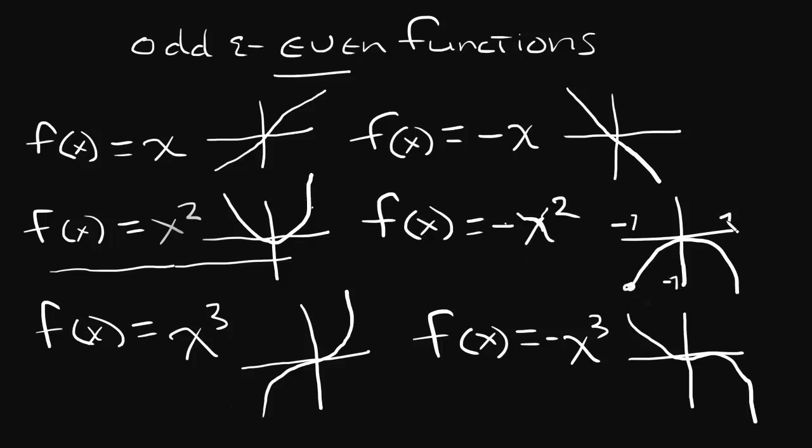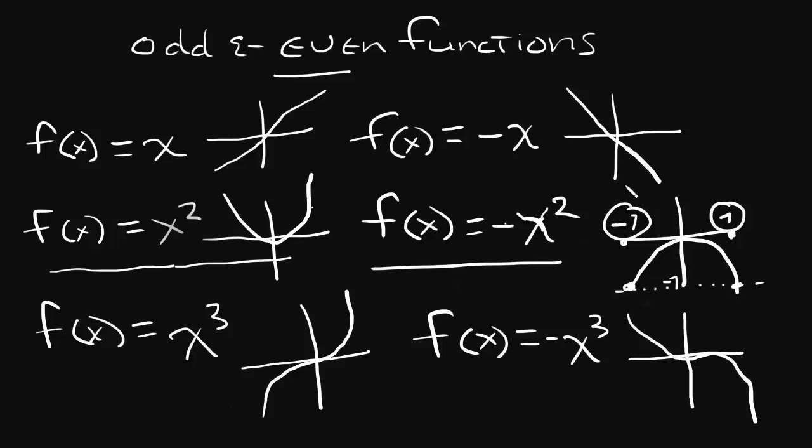And if we put in a positive 1 right over here, it would be 1 squared, that's still 1, and negative 1 squared, negative 1, would still be a negative height. So we'd get the same result, whether we have a positive input or a negative input, we would have the same output.